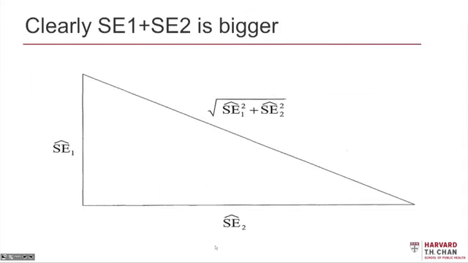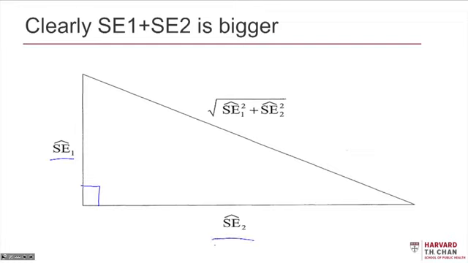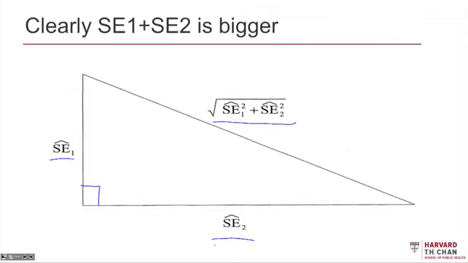And the connection to Pythagoras is that if I have a right triangle and one side is the standard error in boys and another side is the standard error in girls, then the hypotenuse is this, which is the standard error of the difference.